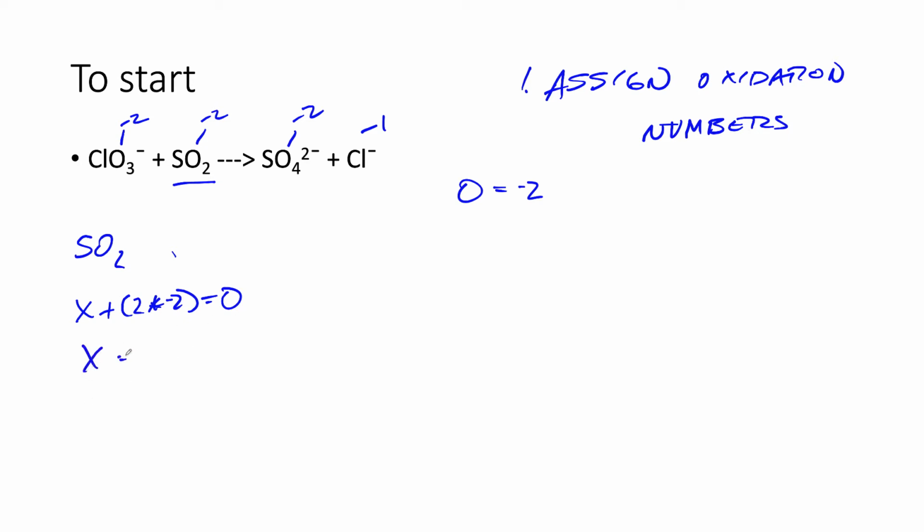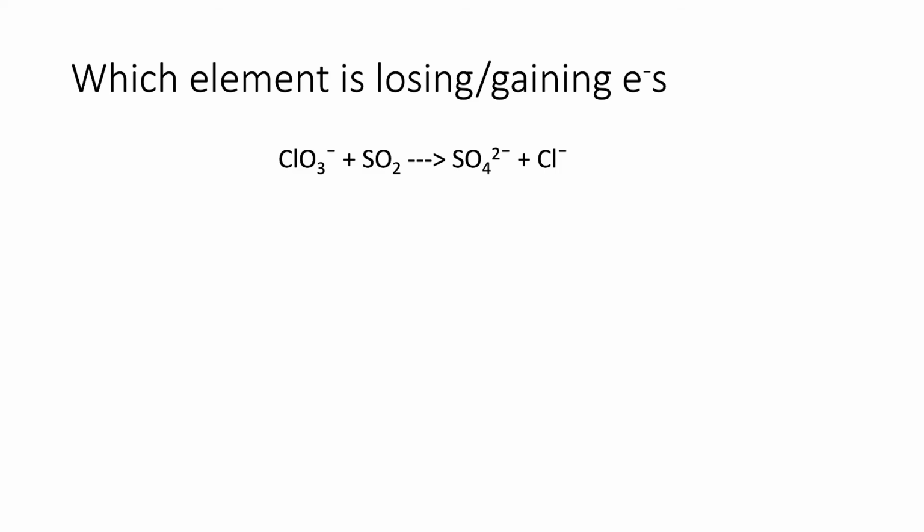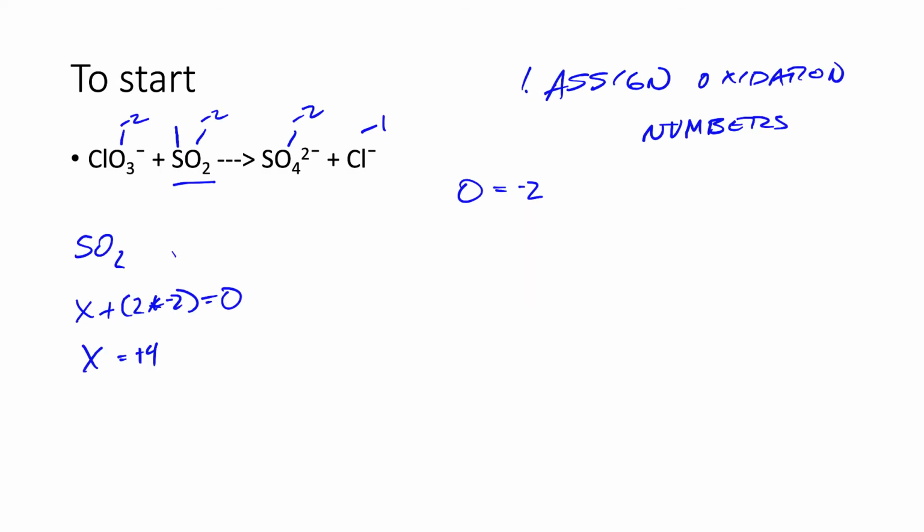So X is equal to -4... 2 times -2 is -4, and if you move it to the other side, X is equal to 4. So this sulfur is going to be a +4.